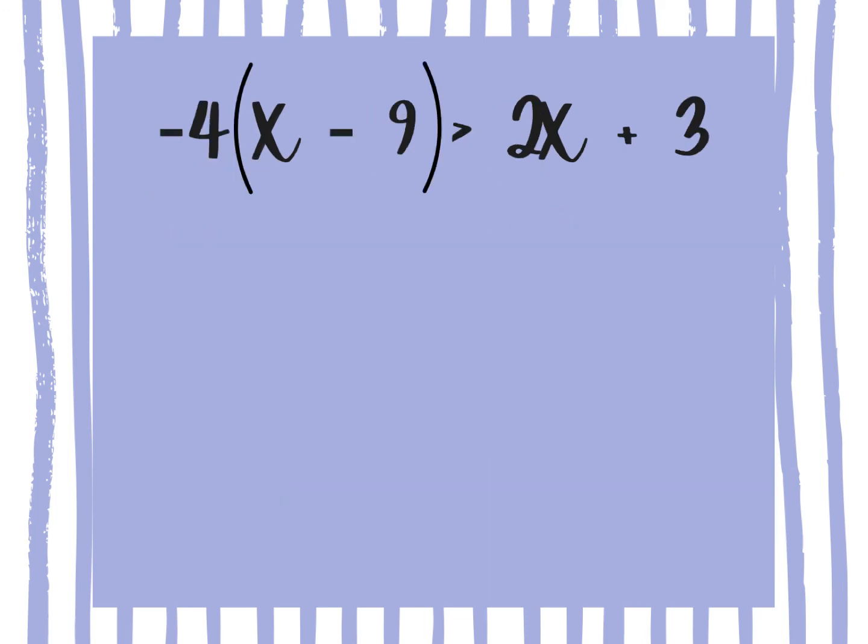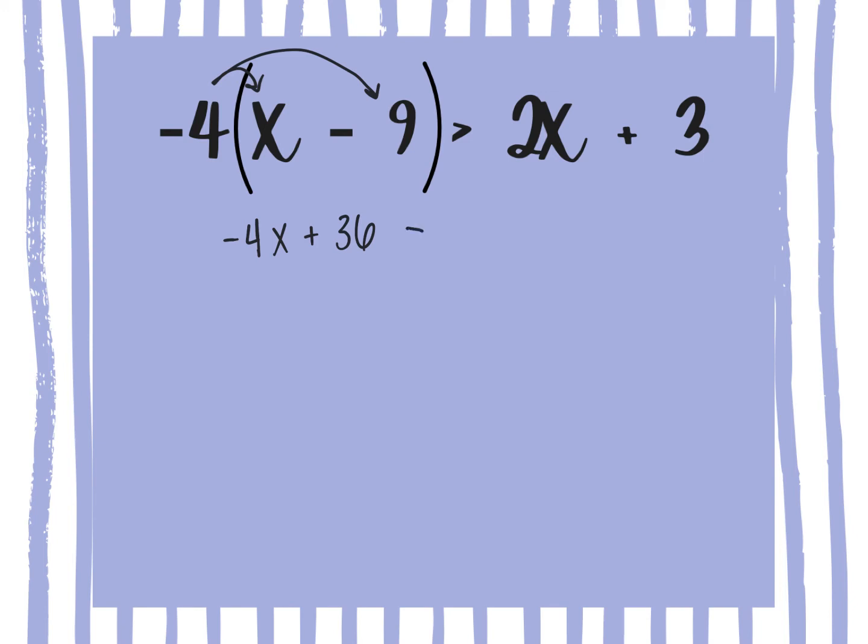Let's try one more. Now this last one combines both of the things we've talked about so far, distributing and variables on both sides. Let's jump in. The first thing I'll do is distribute that negative 4. Now we've talked about in the prior video how if you're multiplying by a negative or dividing by a negative in an inequality, you should be switching the side that your sign is facing.